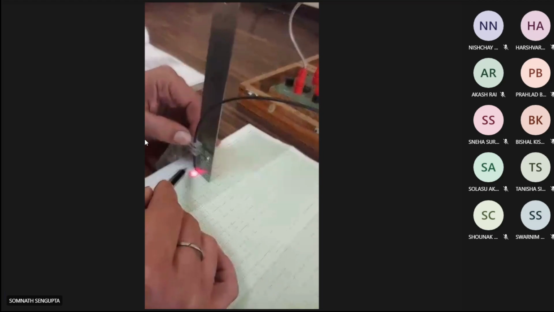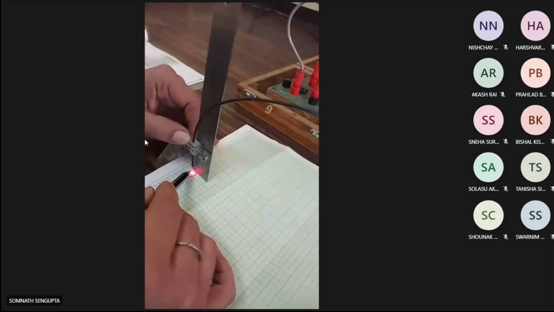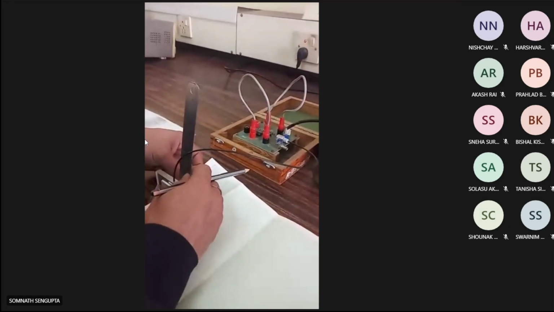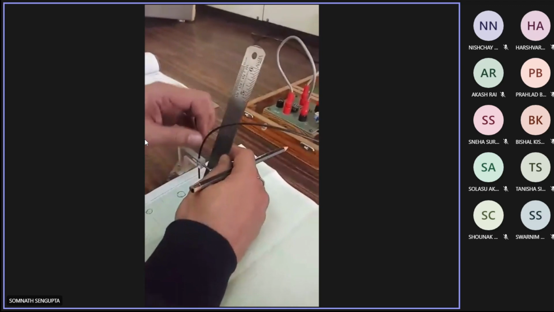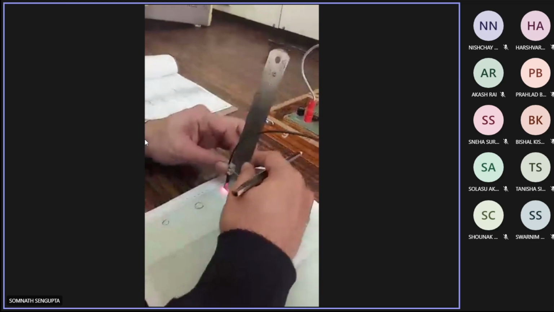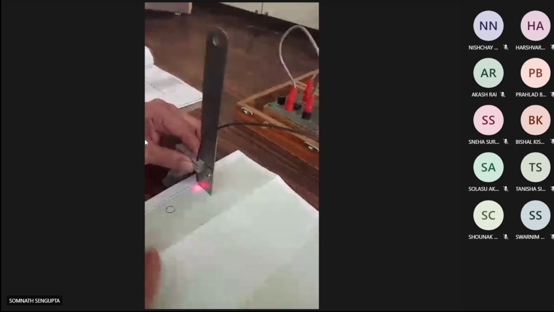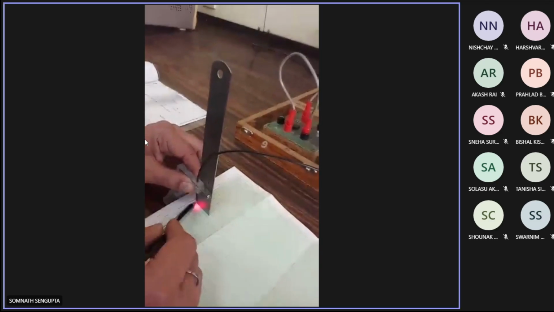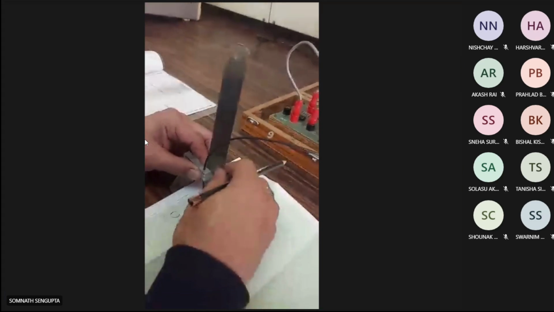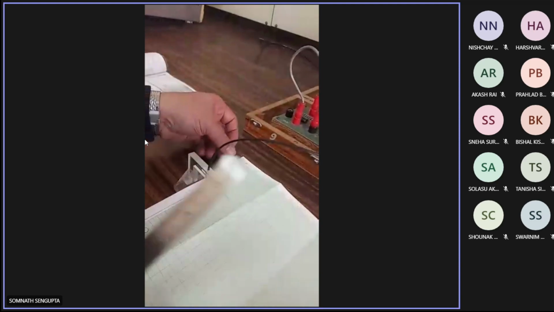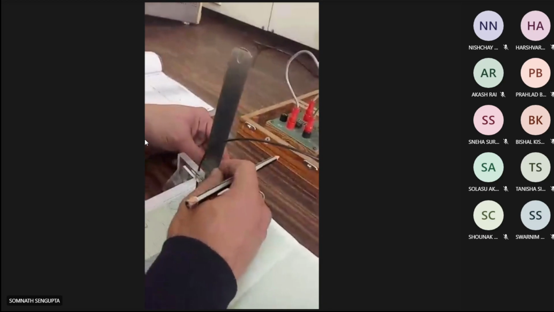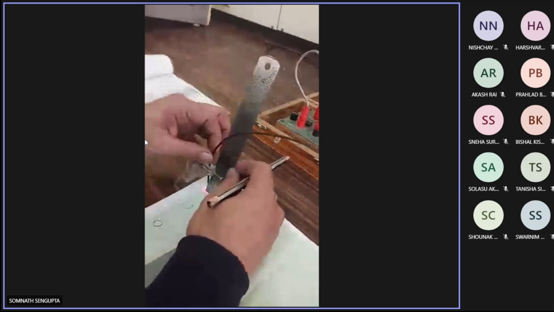Do you see it? Yes, sir. Okay. Then go for another reading of 1.1 centimeters. 1.1 centimeter is this one. So that will give you this diameter. Then another, let us say 1.4.